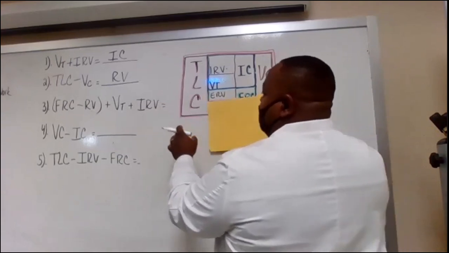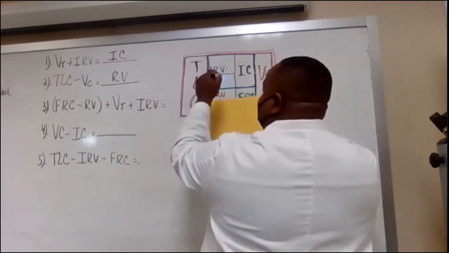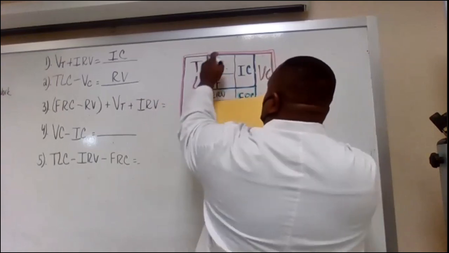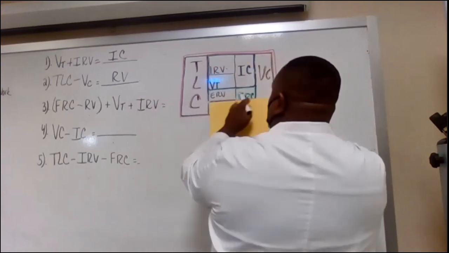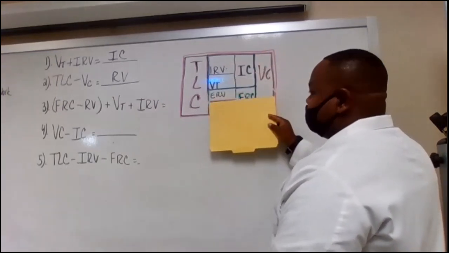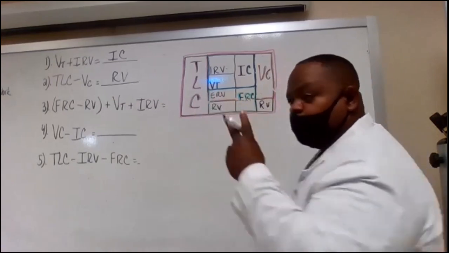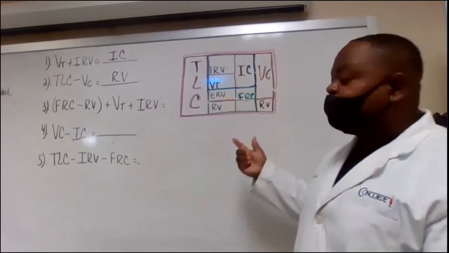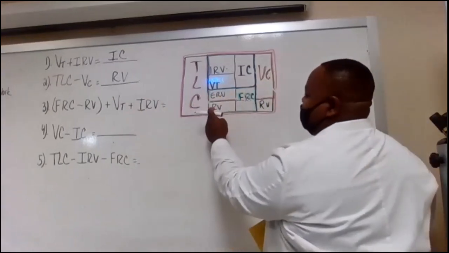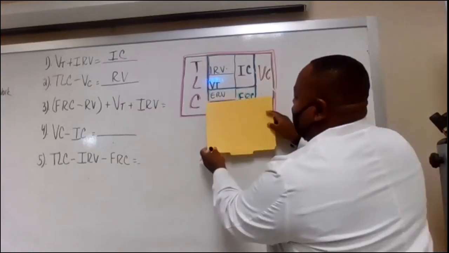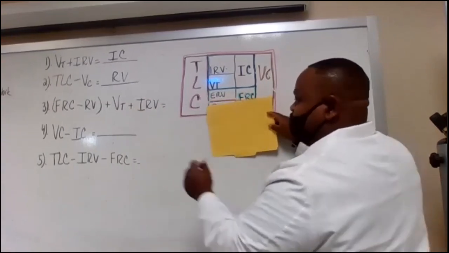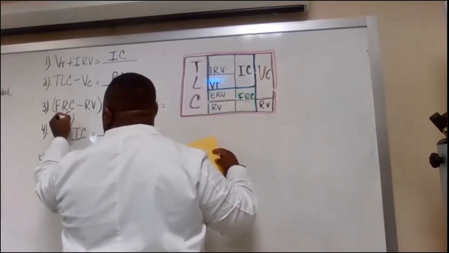Now ERV plus tidal volume plus IRV. So what is all of this? VC. But that's a two-step problem. You do what's in parentheses first. FRC minus RV. This is FRC in green. Take away the RV. The only thing left in green is the ERV. So this right here becomes ERV.